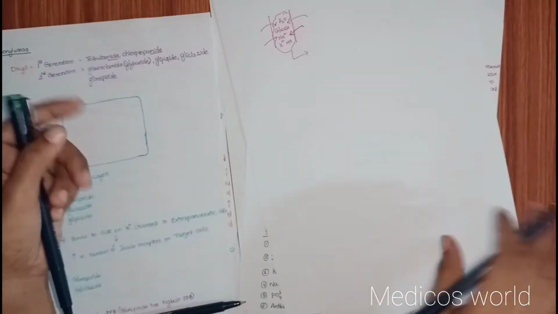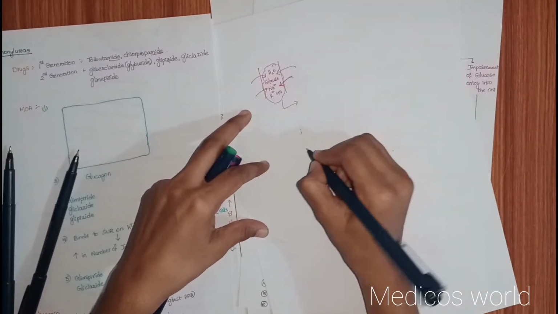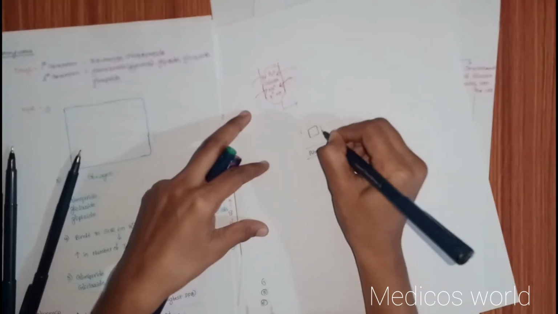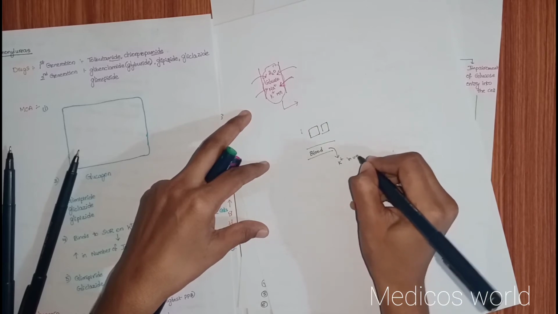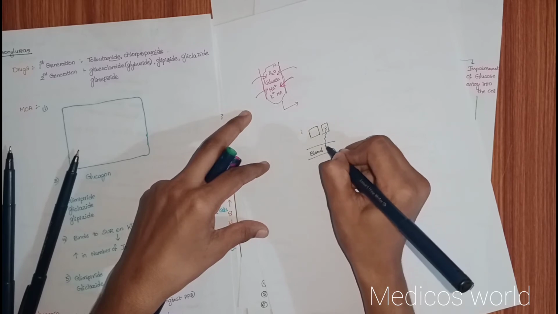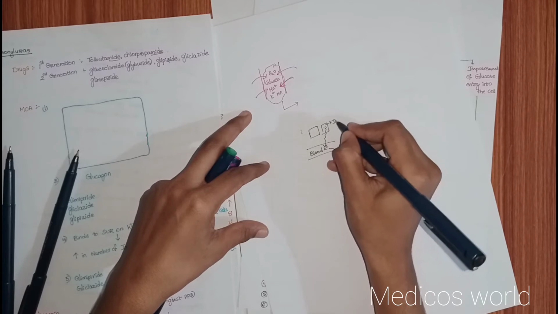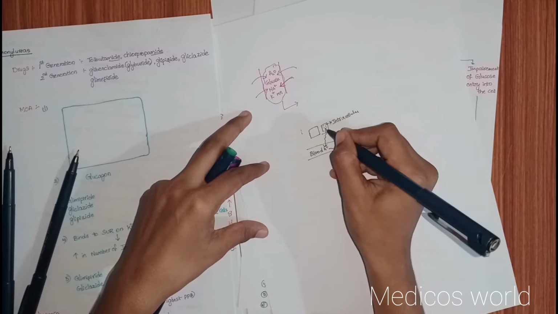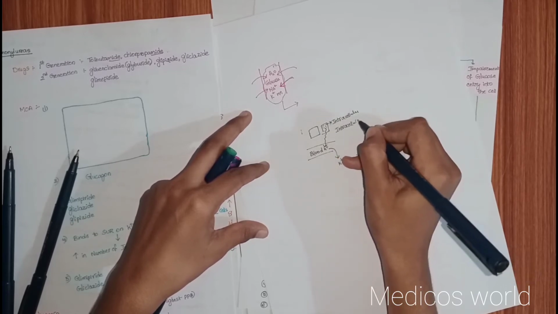Loss of potassium. Here the main thing is, for example, take this: here is blood and these are cells. When there is loss of potassium in urine, the potassium inside the cell is mobilized into the blood, so that there is intracellular depletion of ions. You can see here the intracellular depletion of ions. That leads to intracellular dehydration also.